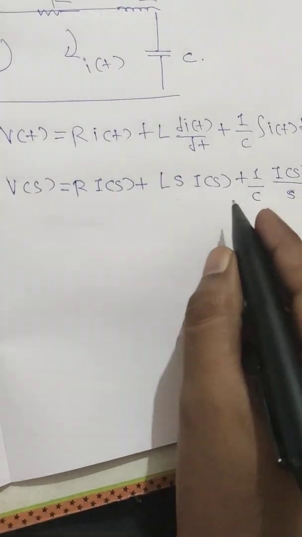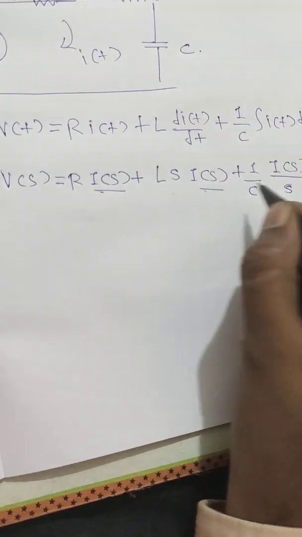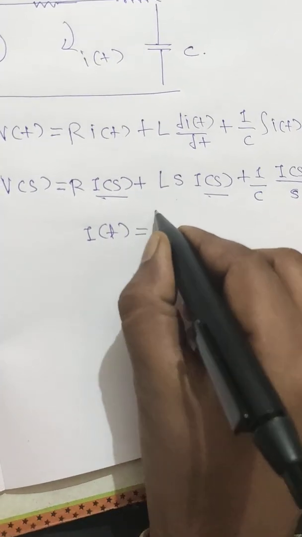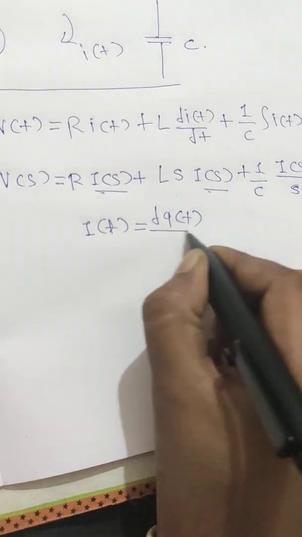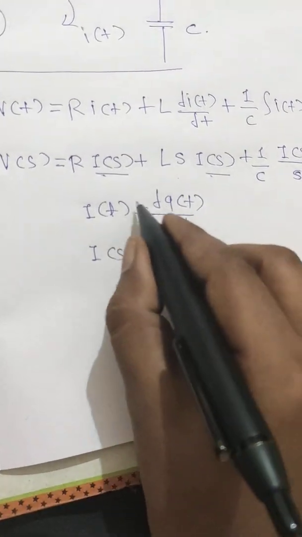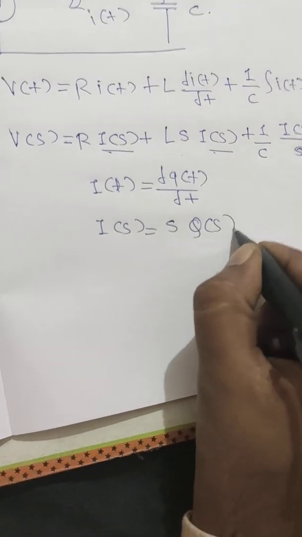So this is V of s. Here I of s is a common term, and we know the current is the rate of change of charge with respect to time. So I of s becomes s into q of s.